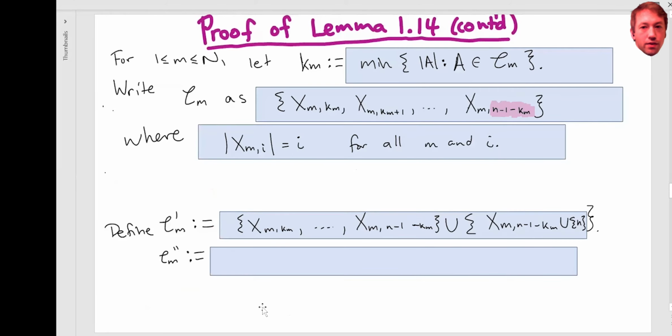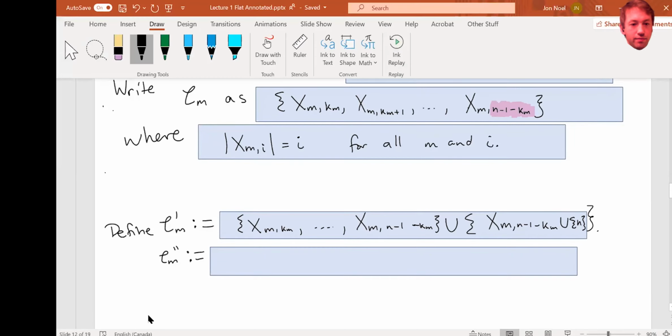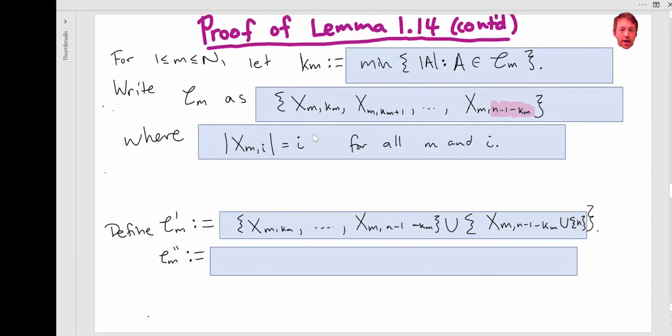So for each m, I introduced some notation up here where I let k_m be the size of the smallest element in C_m.